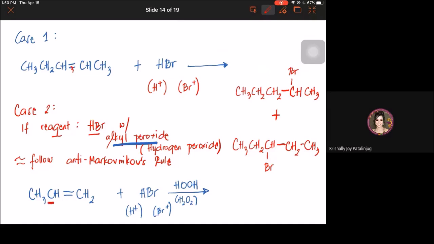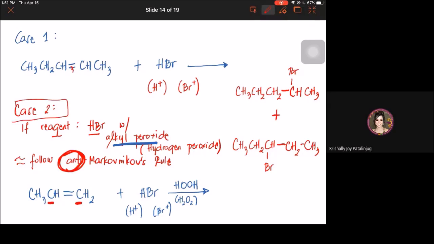So when you compare here, the double bond carbons, kung saan yung lesser hydrogen substituent na carbon, doon papunta yung hydrogen. Kasi nga anti-Markovnikov's rule. Baliktad. Okay, so that is case number 2 na inyuhang i-remember.